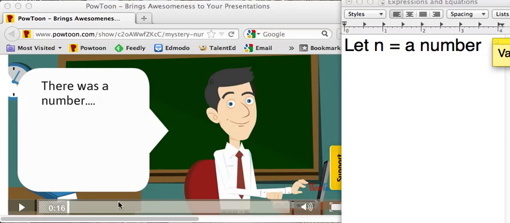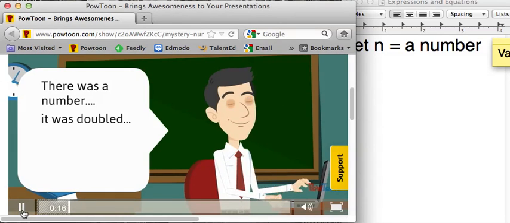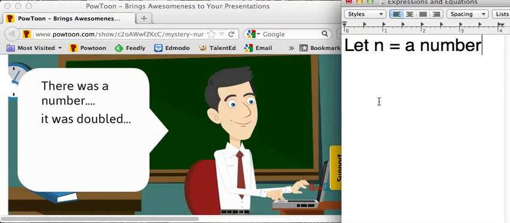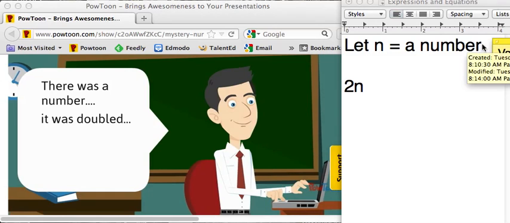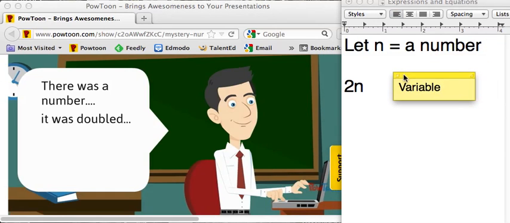Okay, so let's keep going. And that number was doubled. So what we do is with our variable, we multiply it by 2. And to do that, it's as simple as just doing 2n. That is called an expression, or, as you see in your book, an algebraic expression.